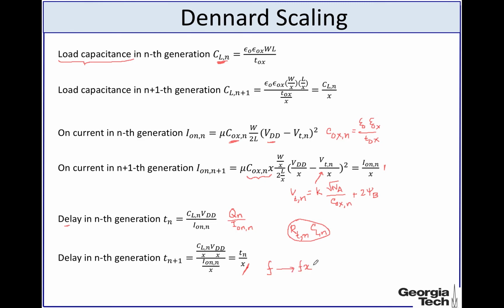So again, by scaling, you have made your transistors faster. This is an important consequence of scaling. You have made the devices faster, and as a result you can now increase the clock frequency by a factor of x. This is something that you will use while we do the power calculations in the next slide.